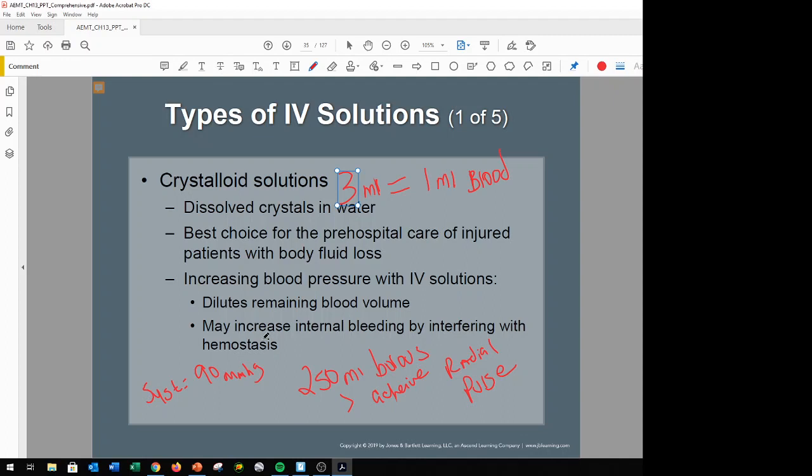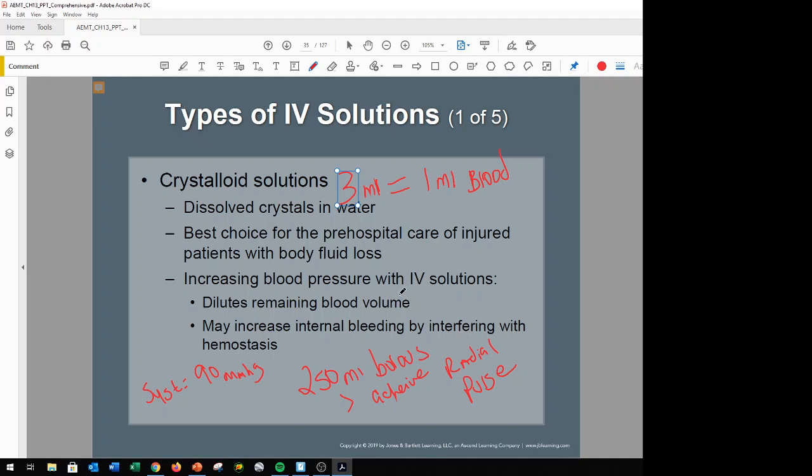Well, the reason is because of the little story I said in the first video. We don't want to dilute the hemoglobin that we have, and we don't want to dilute the body's ability to clot. Those are the two things. So that's why we're going to be careful about how much saline we give.